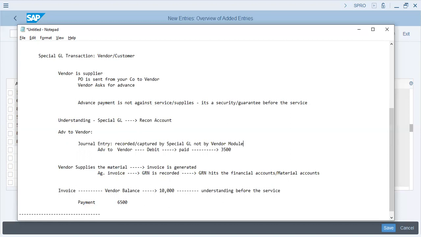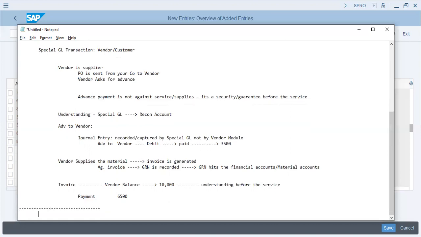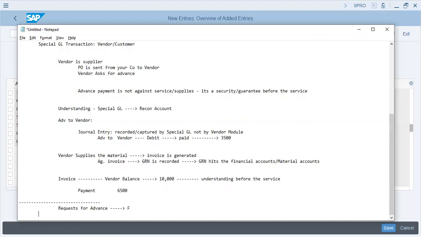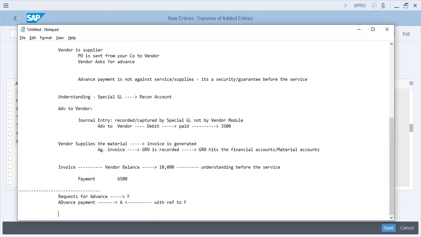So special GL takes care of the advances. Now there are processes. Request for advance is denoted by symbol F. We'll see this in configuration. Advance payment is A, and with reference to F. F is symbol.